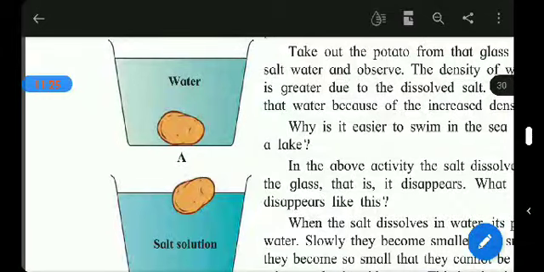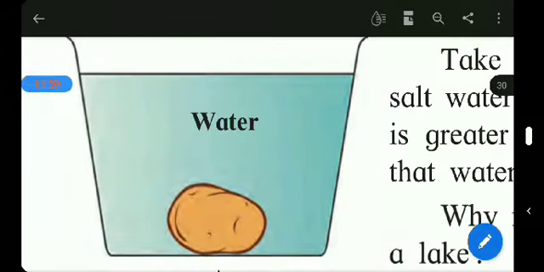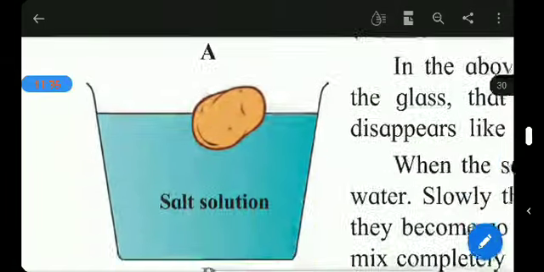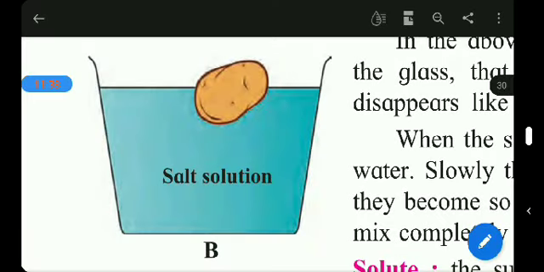See, till the time we had not dissolved the salt into the water, the potato sank to the bottom. But when we added the salt to it, the potato started floating on the water. This is because as we add salt to the water, the density of water increases.